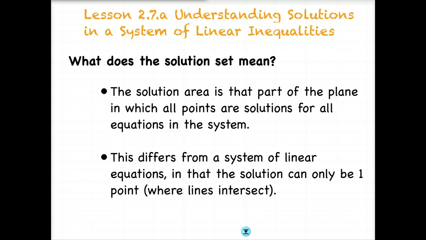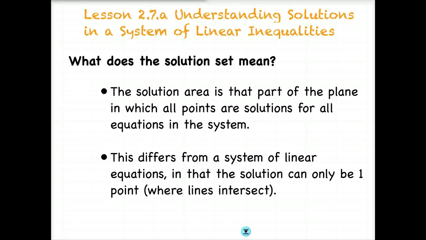So let's go ahead and talk about what the solution set means and how it differs from a regular system of linear equations. The solution area in a system of inequalities is that part of the plane in which all the points are solutions for all equations in the system. And you've just finished graphing systems of inequalities and shading the solution areas for both.